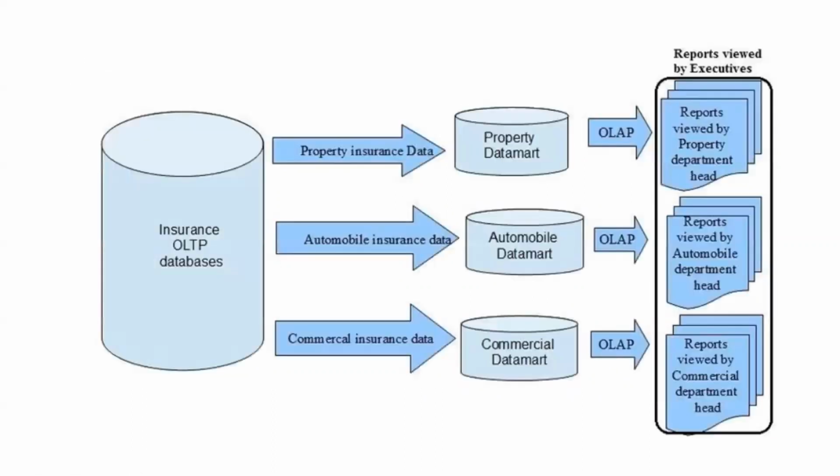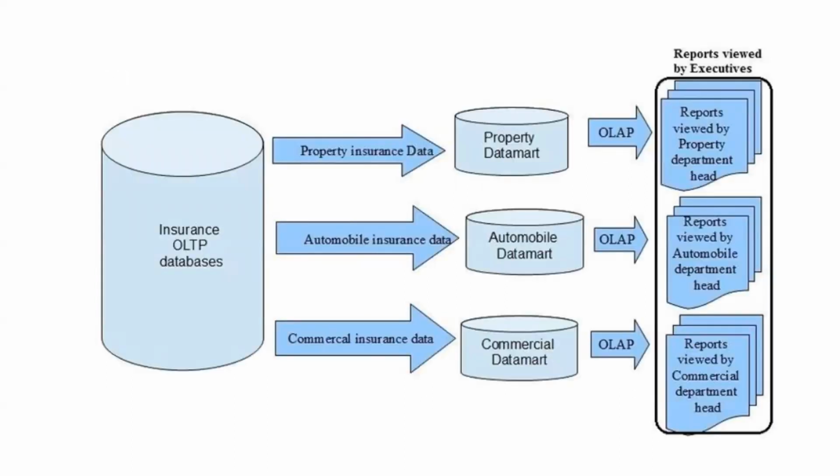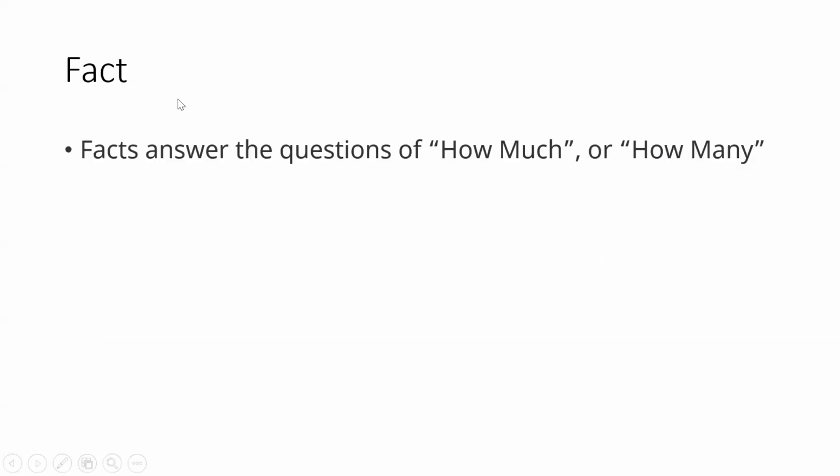Now this is a very important concept: fact and dimension. In data warehouses or in data marts, when we are storing the data in a meaningful way, the data can be stored either in a fact table or in a dimension table.